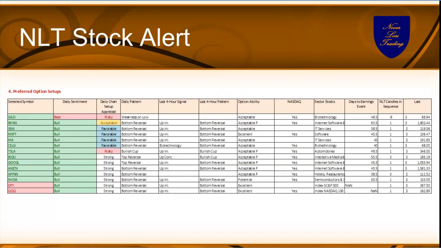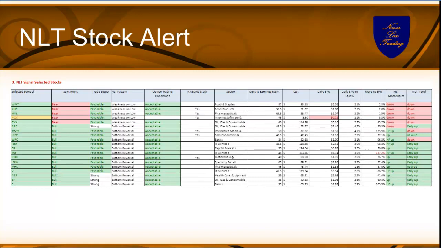Then we focus a little bit on option strategies for option players. That's something we teach very much in particular. And here, as you can see, we also list all stocks that qualified with our Never Lost Trading signals.